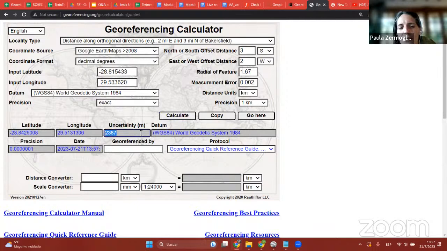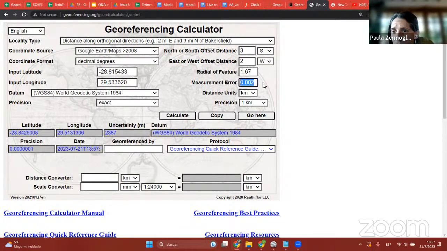This is 2,000 meters, and the radial is 1.6 kilometers, 1,600 meters, and these distances, already 3 kilometers, are much bigger than the uncertainty. So looking more or less at the values, you can have an idea of what is contributing the most.